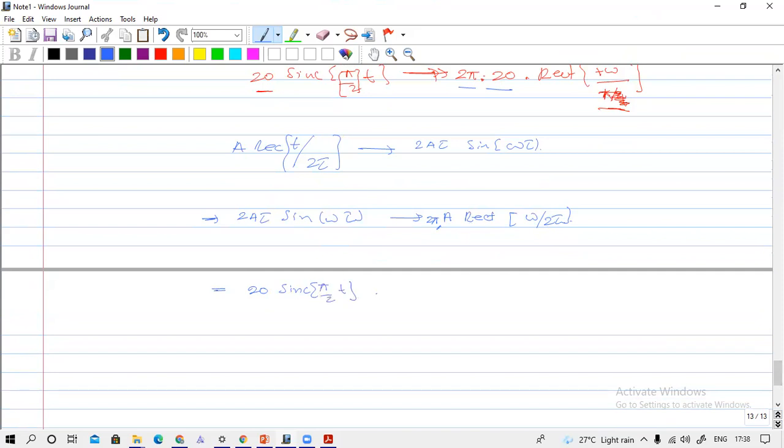So we should have here 2 5 should be there, and a should be there. Our a is 20, so 20 should be there.